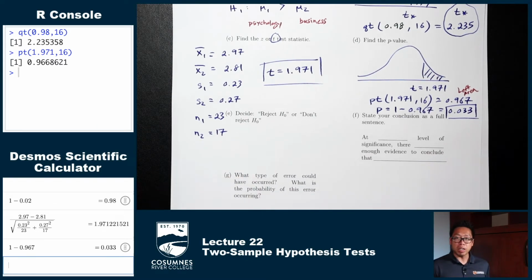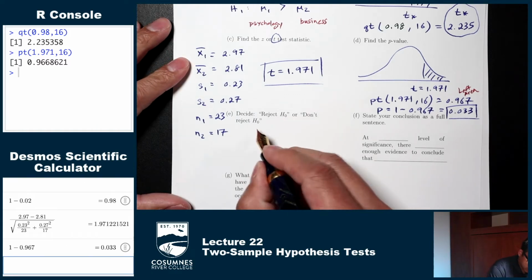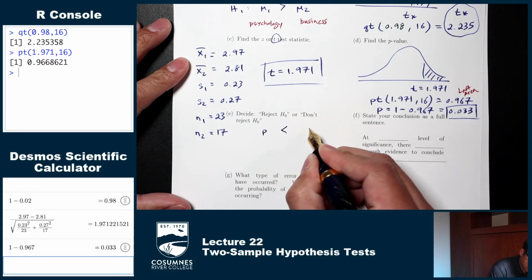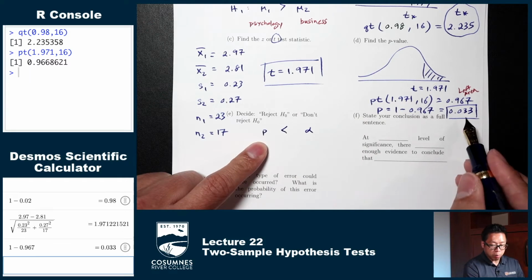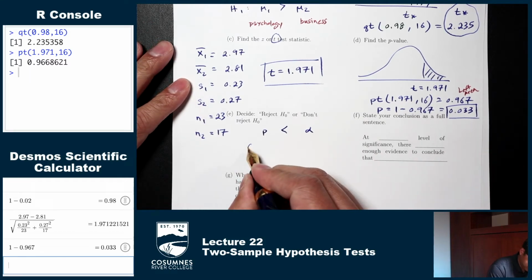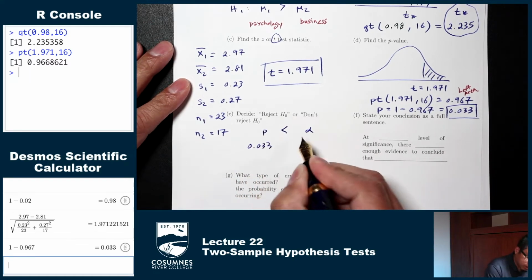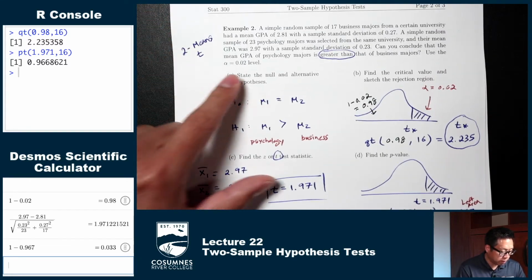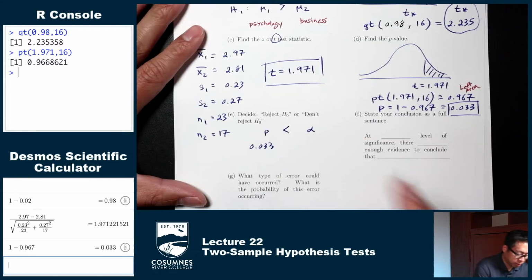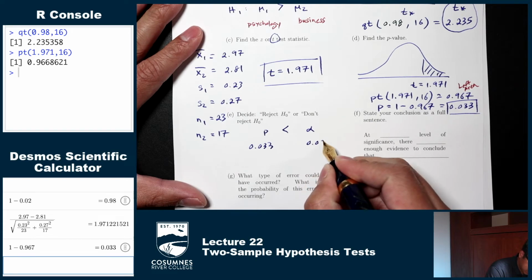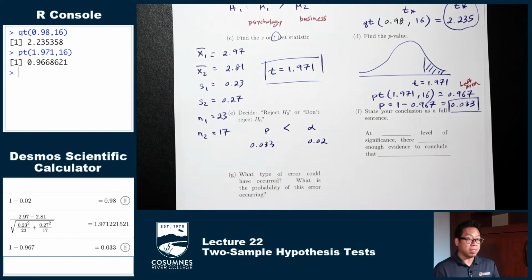Part E, reject or don't reject. To decide, we're going to look at our p-value and see if it's less than the alpha. Our p-value is 0.033. Our alpha, 0.02. Question is the p-value less than the alpha?